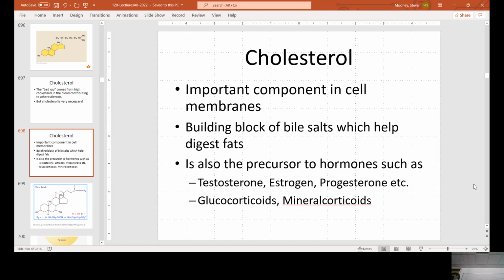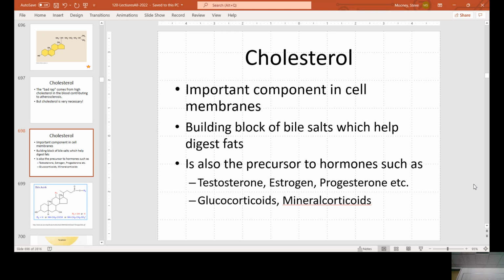Cholesterol is also the precursor to all the hormones that are known as steroid hormones. So you've got testosterone, estrogen, progesterone, which are all sex hormones. Those are all built in a cascade as one is converted to the other.